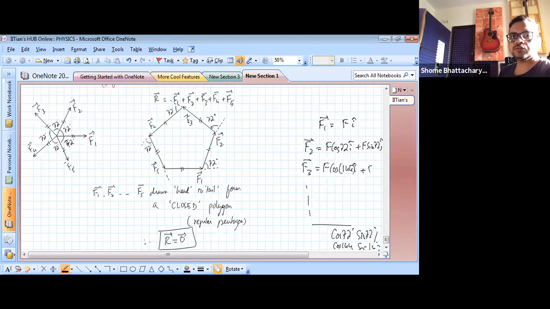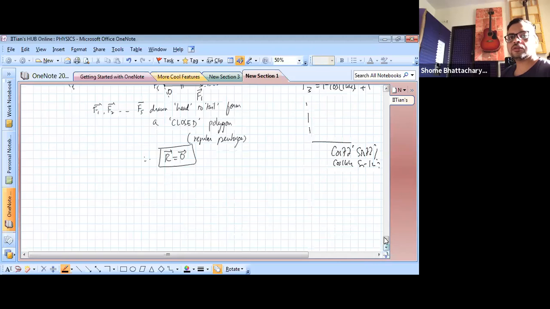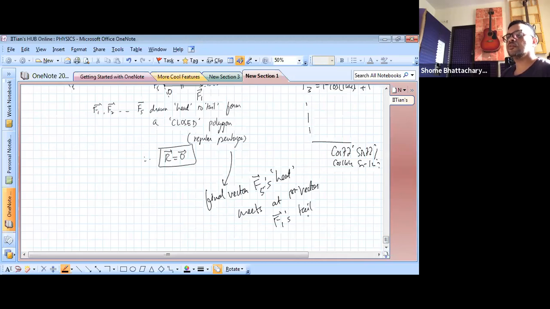It should basically strike you that, see, when we are drawing the vectors head to tail, the final vector's head is at the tail of the first vector. So the resultant is 0. So what this tells us is that the final vector F5's head meets at the first vector F1's tail or origin.